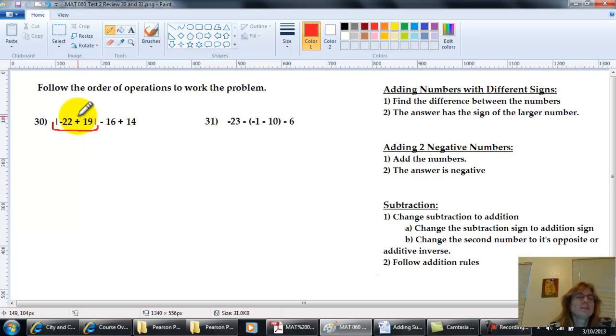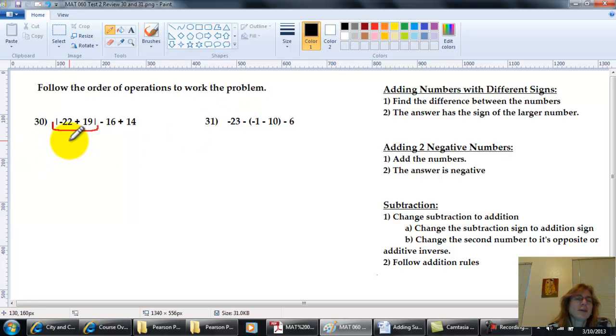So looking at our addition rules, this is adding two different signs, so we find the difference between the numbers, and as I've explained before, we're taking these numbers out of context for a moment. We're ignoring the fact that there's a negative 22, and we're just looking at 22 and 19 and finding the difference between 22 and 19, which gives us 3.